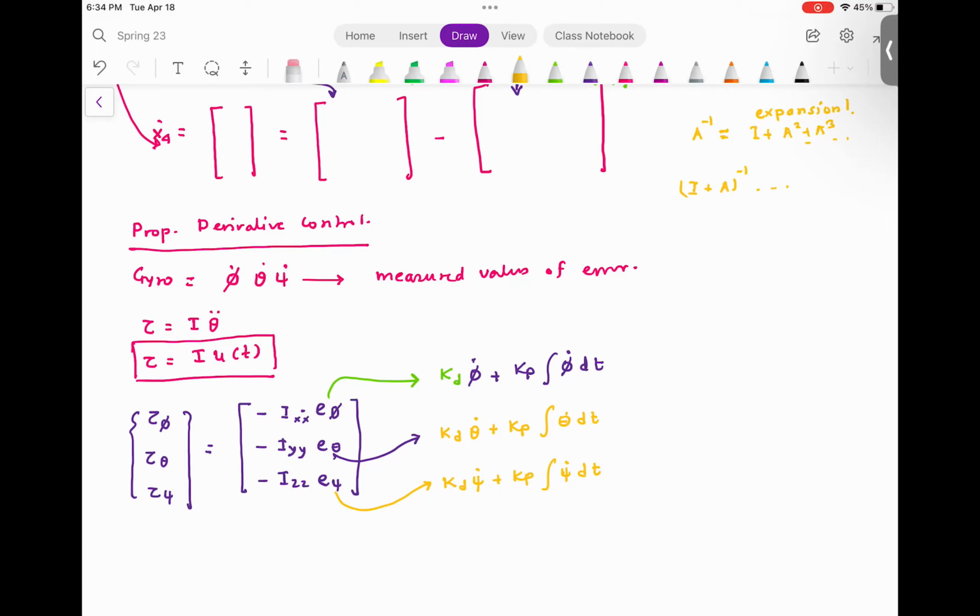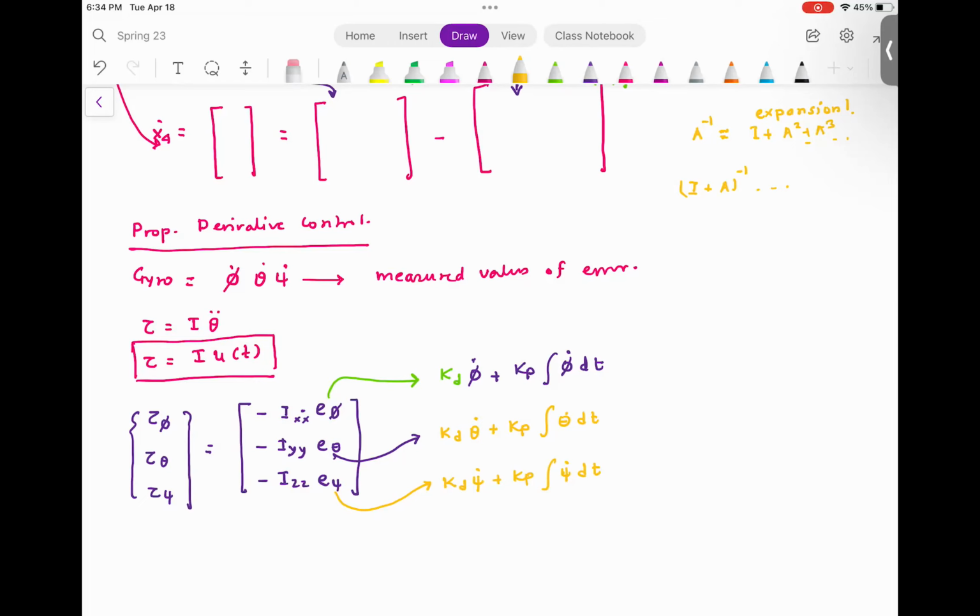Now I want you to understand the case where, because of some disturbance, because of some air, because of some wind, the aircraft or the quadcopter rolls. As soon as the quadcopter rolls, you are going to have some type of non-zero output from the gyro. Do you agree with me? The gyro is going to give you the angular velocity. It's not going to give you an angle.